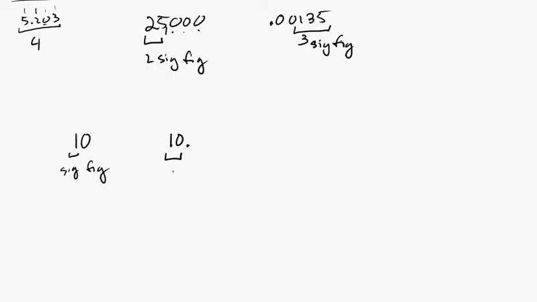So this would be 2 sig figs. If I do 10.0, I'm saying that yes, I measured it to an accuracy of a tenth here, because I'm adding the 0 to be more precise. This is 3 sig figs.